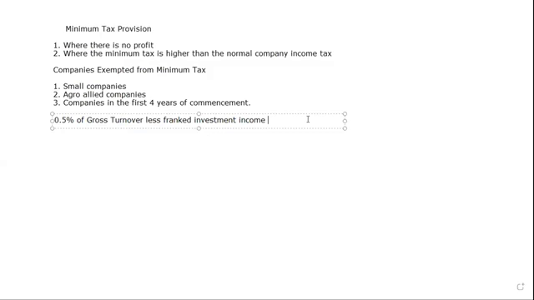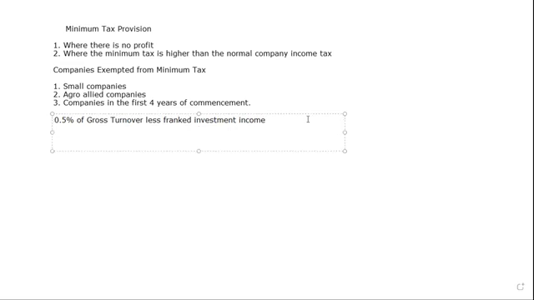Right? Now, they changed it actually, so let me inform you about the change. 0.5% became effective in 2022 year of assessment.